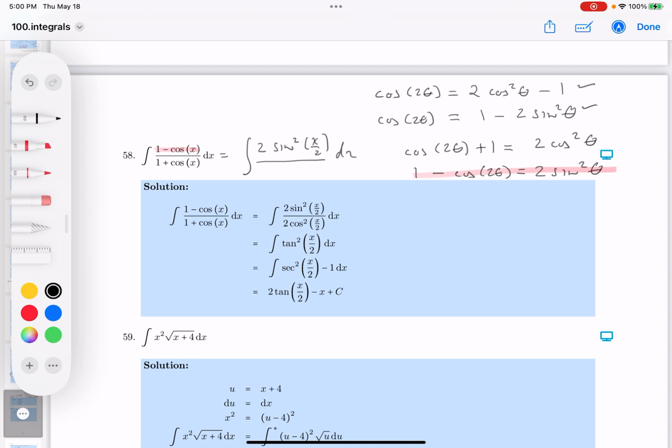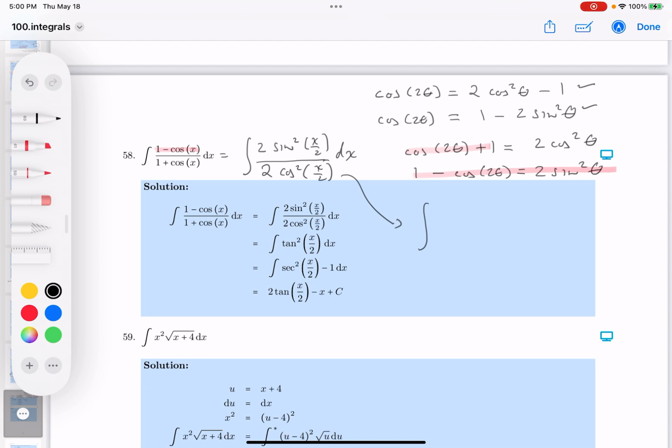This is dx over here. Look at the bottom. And the bottom looks sort of like this. And what would that look like now? 2 cosine squared x over 2. Well, I'm getting a little bit better.